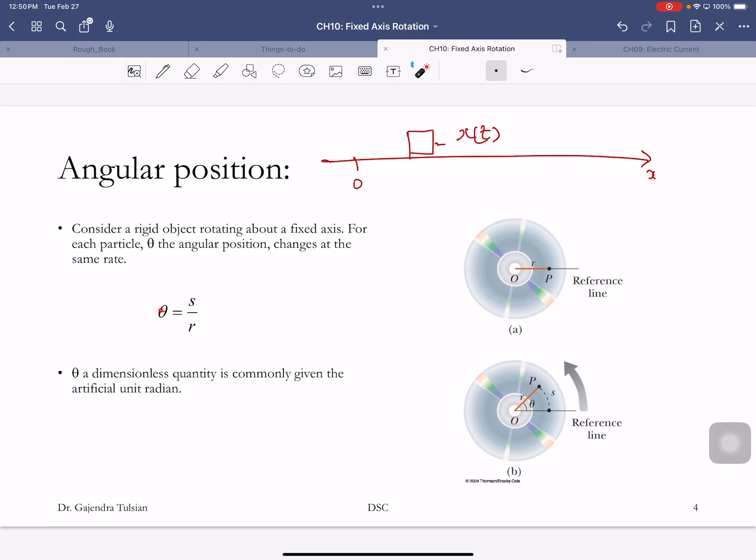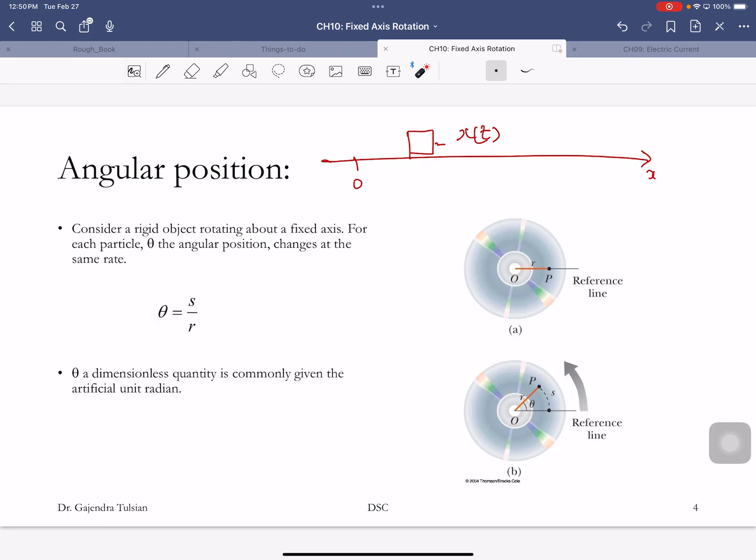We'll define the angle as the arc length divided by the radius, the distance from the axis of rotation. So theta is s by r. What are the dimensions of this? This is in meters, that's in meters, so it's dimensionless.